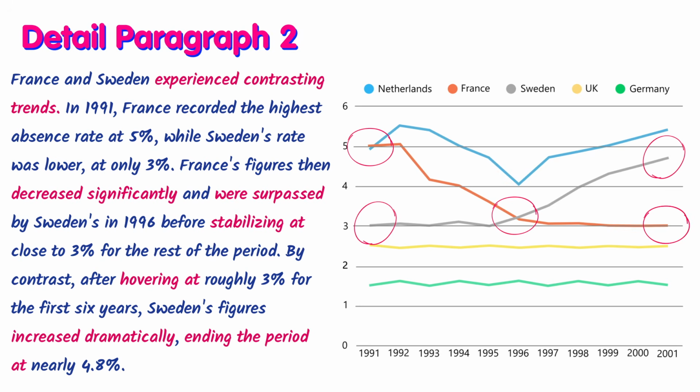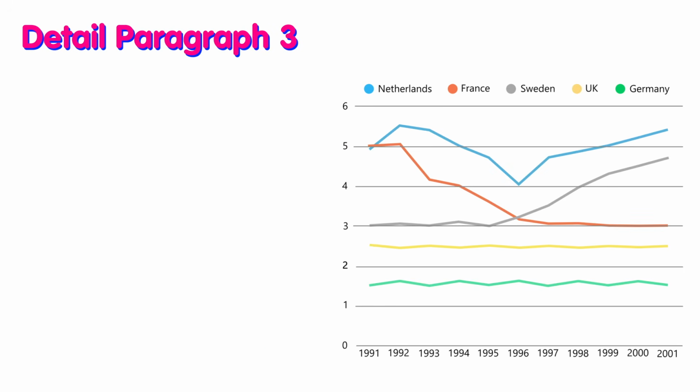Now it's time to write about the UK and Germany. I start my sentence in the third detailed paragraph like this. Turning to. It means that I'm going to talk about or write about the remaining countries. Turning to the remaining nations.